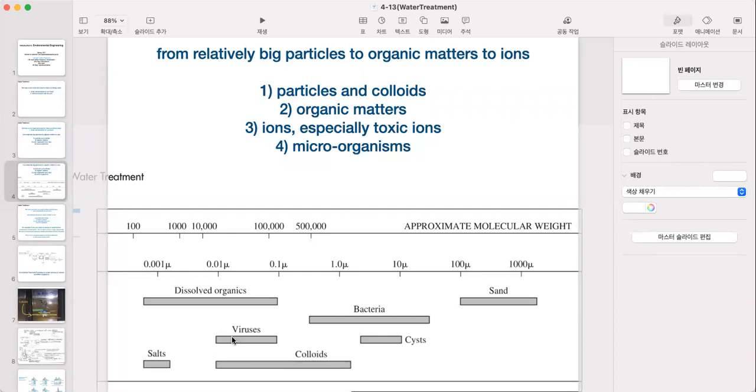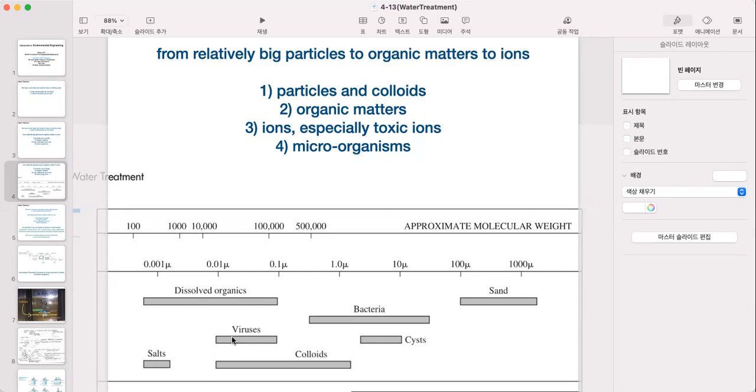So what other ions may we have in our Nakdong River? What others? Sulfate, SO4. Phosphate, PO4. Are sulfate and phosphate toxic? No. And bicarbonate, HCO3 minus.